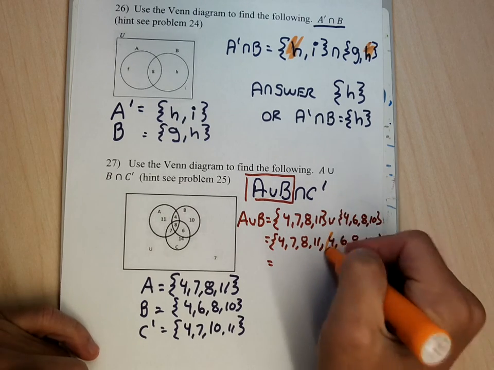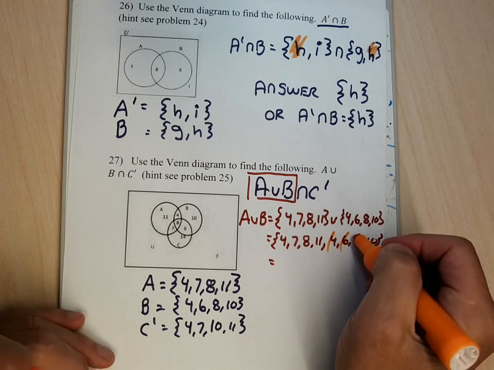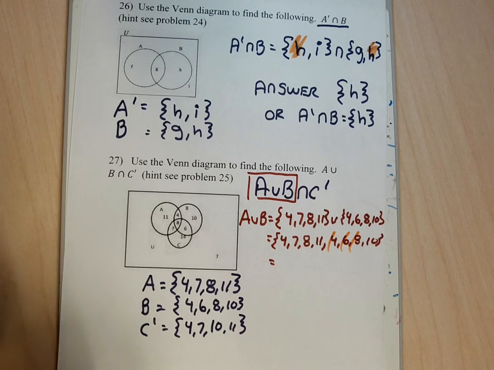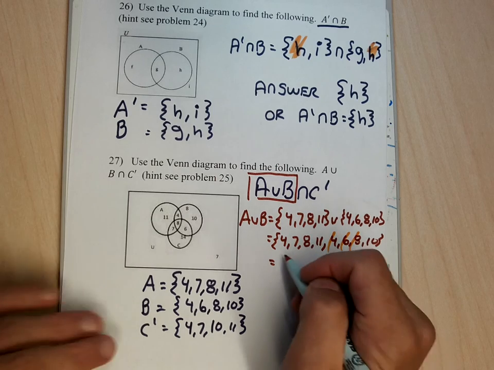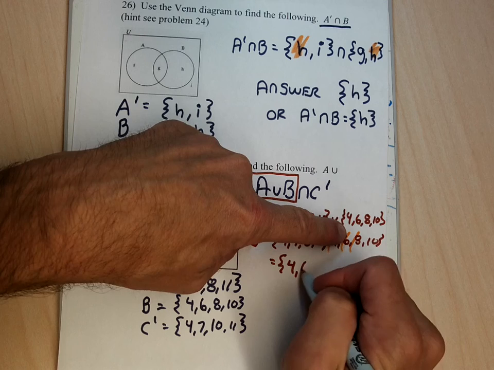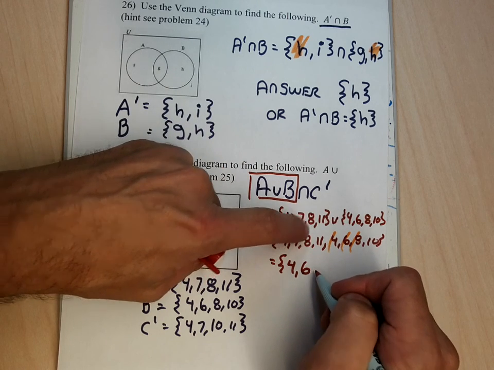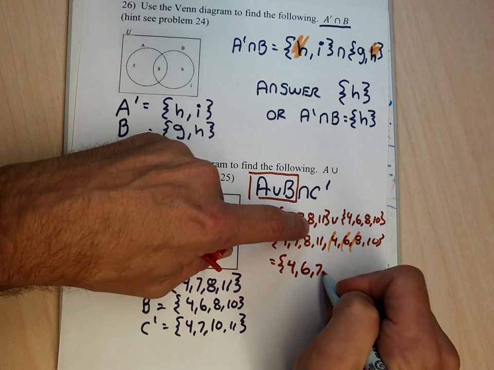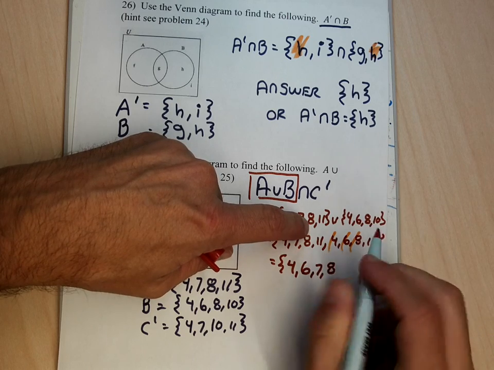Here there's a double 4 and a double 8. That 6 needs to be in my set. And I write the numbers that are unique in a nice order. So I'm going to write 4, then the 6 that I mistakenly crossed out, 7, 8, 10, and 11.